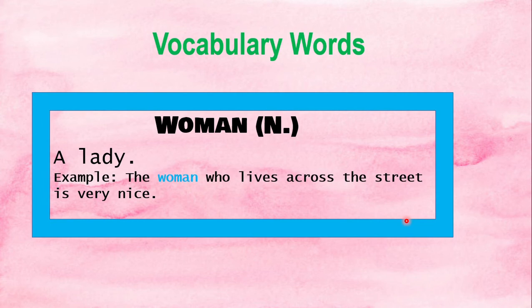So the woman who lives across the street is very nice. A woman is a lady. So the woman who lives on the other side of the street is very nice, or the woman is very kind. These are all examples of sentences. Woman is a noun, a lady, a female.